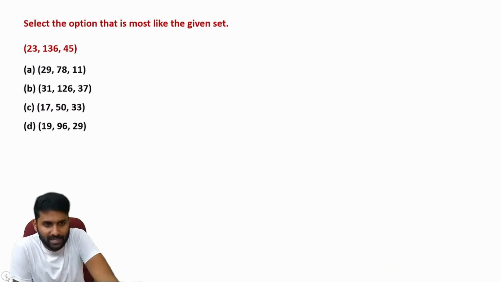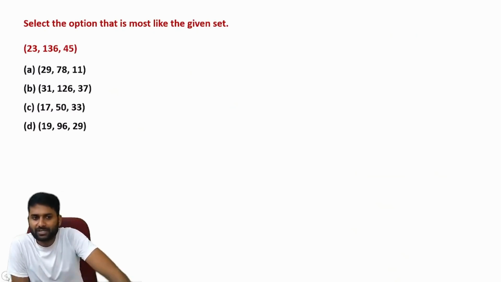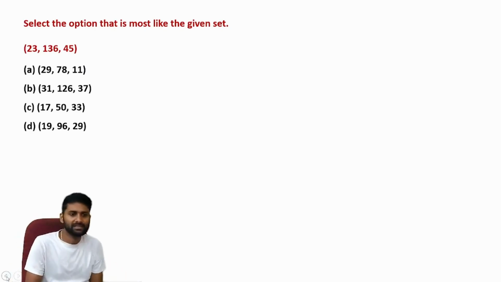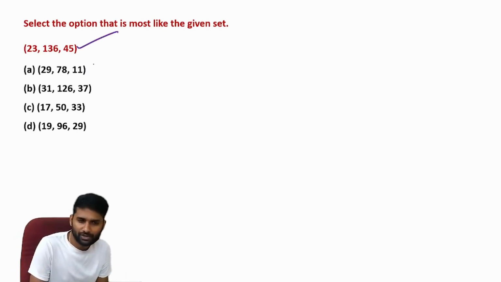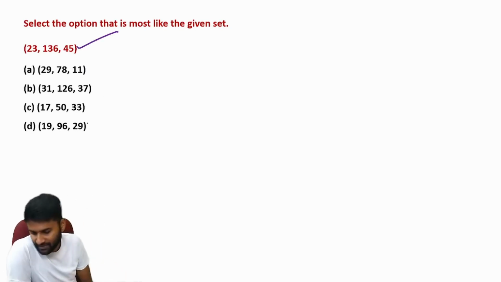Very good. Next, try to answer this question. Select the option that is most likely to belong to the given set. Whatever the logic is here, it should be followed by one of the options. You have to identify it.